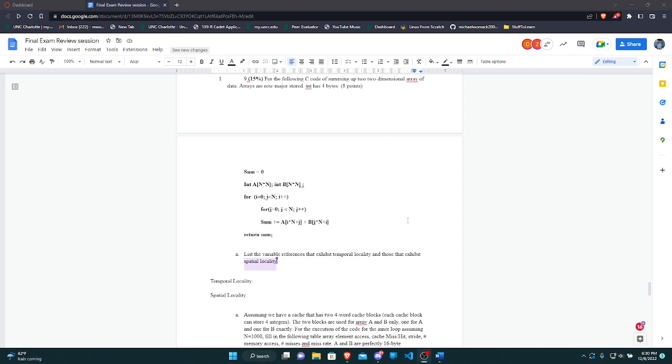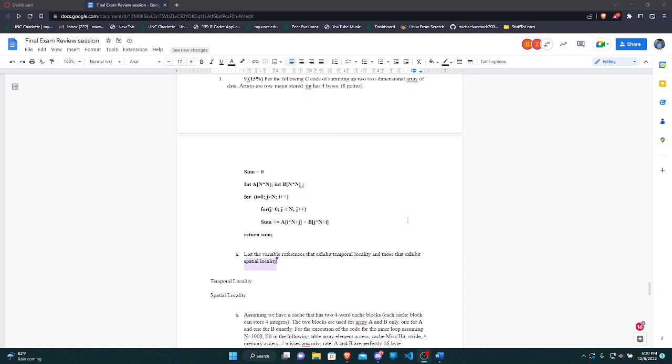So when you load something into the cache, it fills the cache block with the other variables that it thinks are relevant. Good spatial locality is when you load all those variables into the cache block and then you actually use them. There'll be an example lower down.